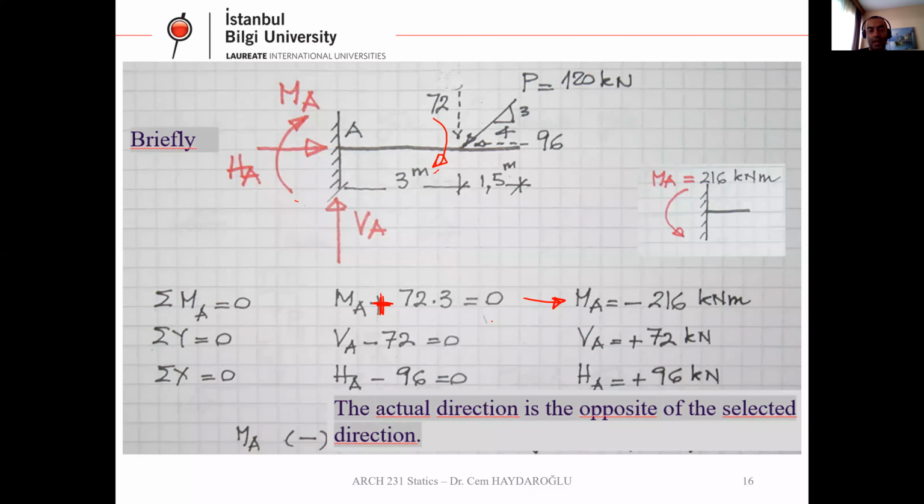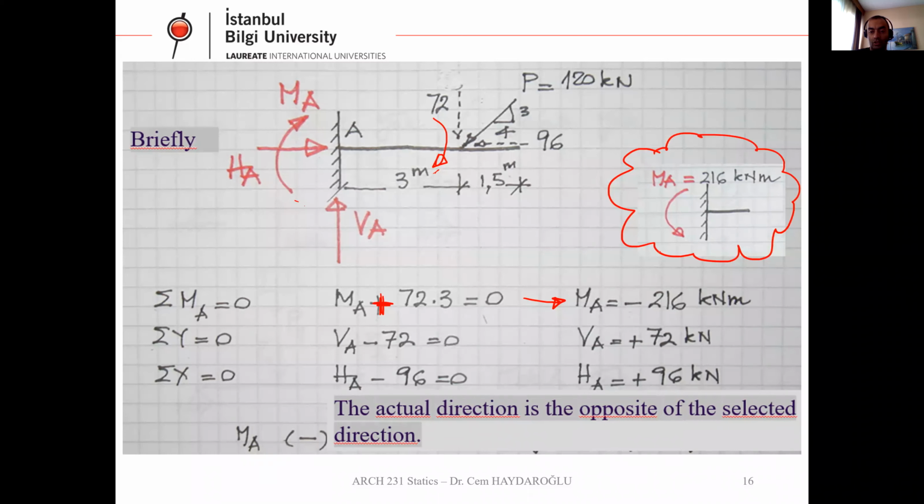Minus. What does this minus mean? It means my direction assumption for MA at the beginning, at the initial position, is wrong. It's actually in the opposite direction of what I assumed. So as you can see here, the moment MA is in this direction.